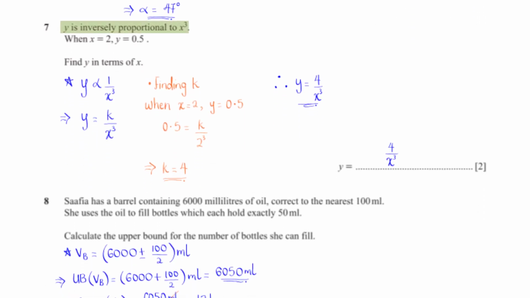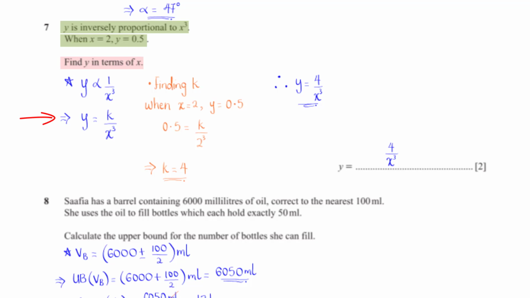y is inversely proportional to x cubed. When x is equal to 2, y is equal to 0.5. Find y in terms of x. So in mathematical terms, we write y is inversely proportional to x cubed. And so this means that y is equal to a constant which we are going to call k divided by x cubed. We can find the value of k by substituting the values of x and y given in the question.